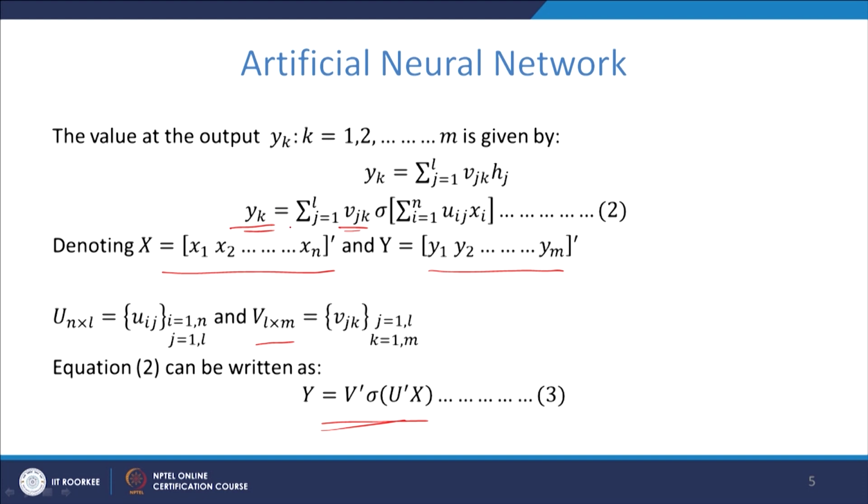Then the expression for capital Y, meaning (y1, y2, ..., ym) transpose, the column vector, is calculated by V transpose sigma of U transpose x, where x is this vector. So, the same expression 2 in the summation notation is given in the form 3 in matrix notation for simplicity.